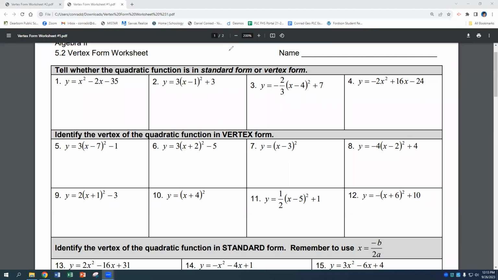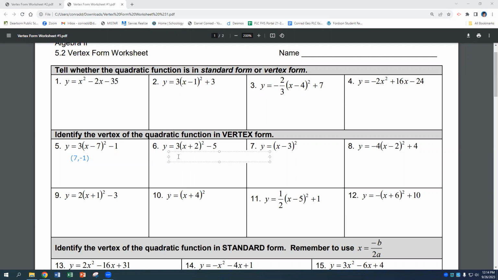Okay, so looking at the first one here, our vertex is going to be 7 comma negative 1. So our h here is 7 and our k is negative 1. If you want to think of it as changing the sign for the h, that's fine. Negative 7 becomes positive 7, and then the k stays the same, negative 1.